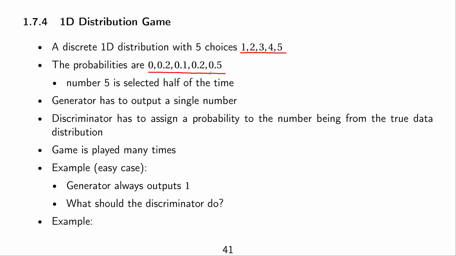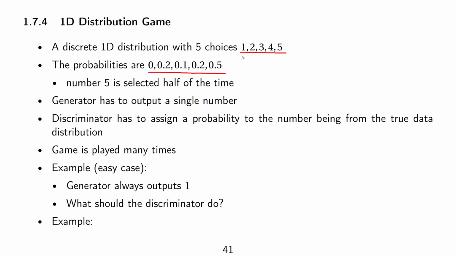Also, just to make sure, the number 5 would be selected 50% of the time, and the number 1 would never be selected. The generator in this game has to output a single number. So the generator takes a random vector as input and then generates either 1, 2, 3, 4, or 5.